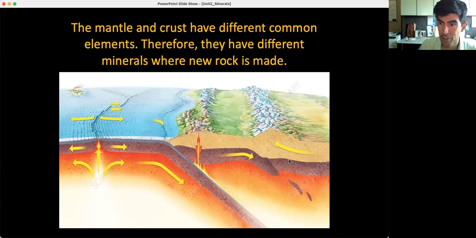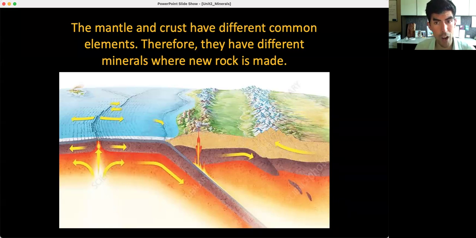The continental lithosphere is going to be made of those elements that are most common in the crust. However, when we look at the oceanic crust, the oceanic lithosphere, that material is coming up directly from the asthenosphere. It's coming up from material that is very, very similar in composition to the mantle. These divergent plate boundaries that we looked at previously, these seafloor spreading centers, are fed by magma that is coming up from the mantle.